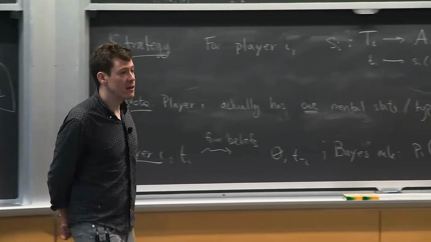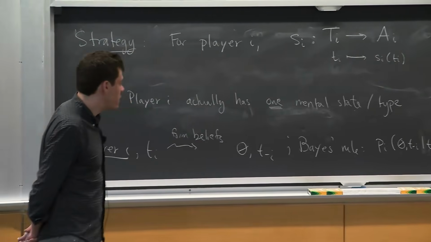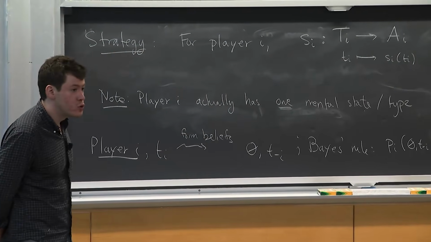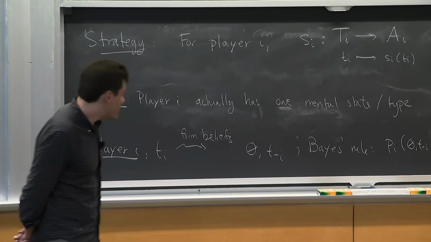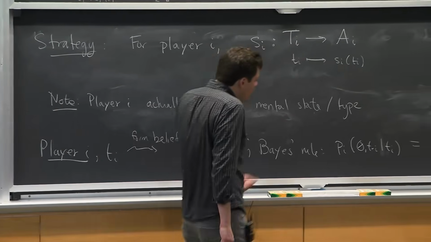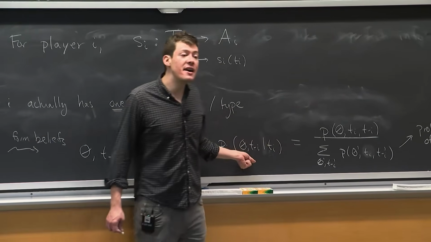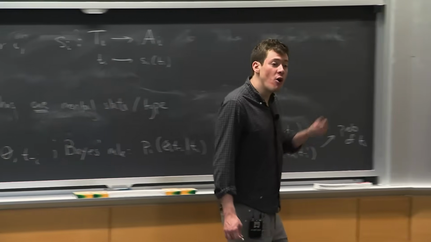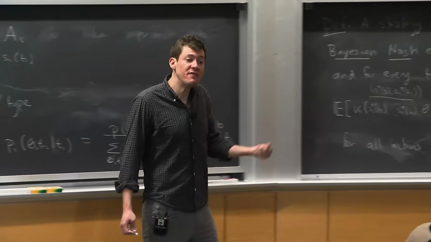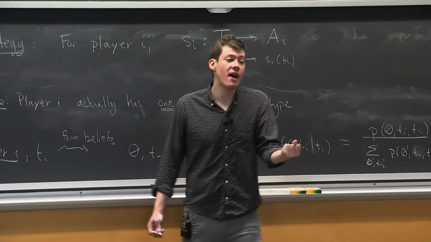Yes? So here this is just over other people's beliefs, but then here it's what you actually think other people are doing. Exactly. By definition, my mental state defines the beliefs I have about other people's mental states. But that alone doesn't allow me to form beliefs about other people's actions, because in general I don't know the mapping from their mental states to their actions.